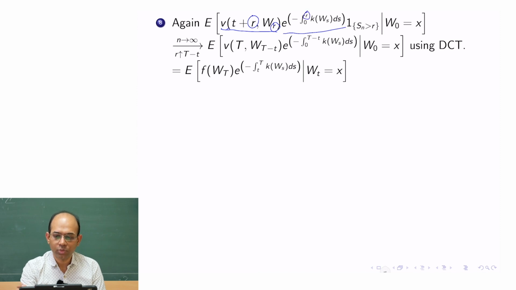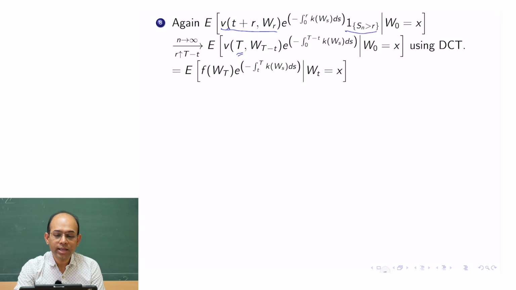Then here we are again going to consider the limit. As n tends to infinity and r tends to capital T minus small t, v of t plus r would become capital T, and e to the power of minus integral 0 to r would become e to the minus integral 0 to capital T minus small t.